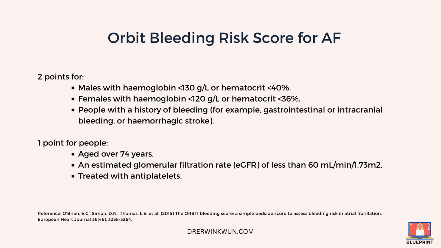And if you have a history of bleeding, for example, gastrointestinal bleeding or intracranial bleeding or hemorrhagic stroke, then you get 2 points as well. And then there are other risk factors where you can have 1 point for each. So for example, age over 74 years old, an eGFR of less than 60, or treatment with antiplatelets. Is that making sense?